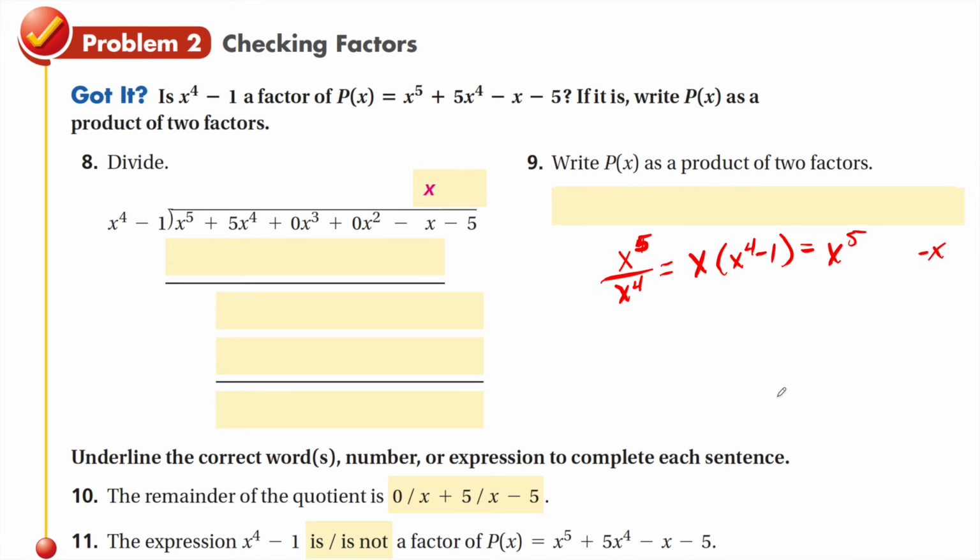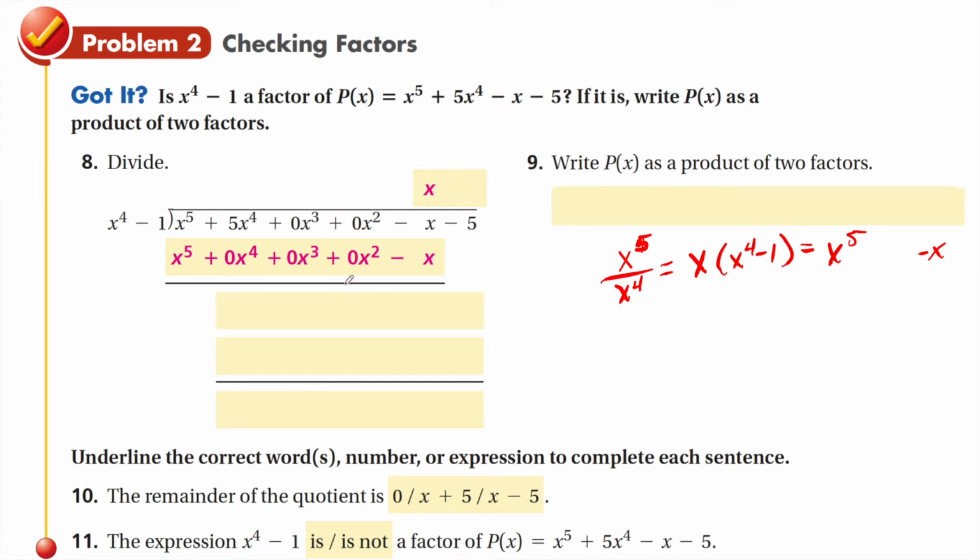The only difference is there are going to be missing pieces. So anywhere from x to the fifth, the exponent needs to still count x to the fourth, x to the third, x to the second, all the way down until you get down to that x. So we are going to have x to the fifth plus 0x to the fourth plus 0x to the third plus 0x squared minus x.